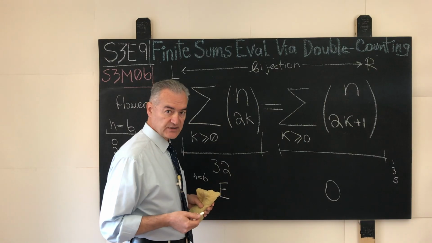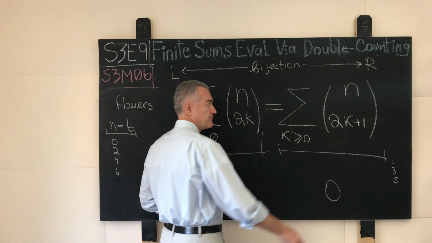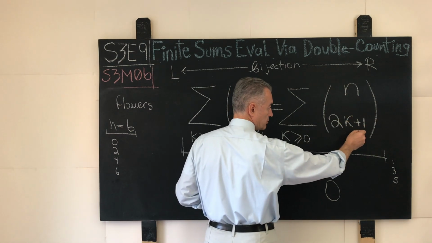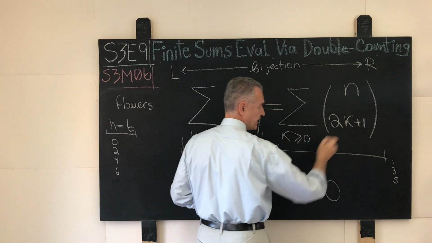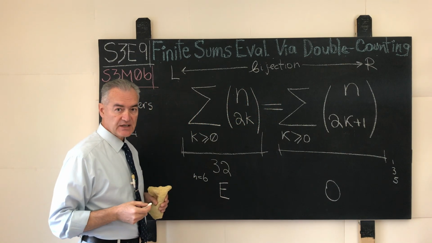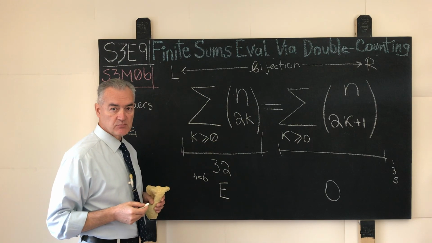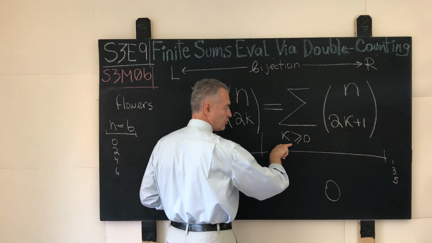And likewise, by the same reasoning, we will say that, for example, the number of bouquets constructed from 3 distinct flowers chosen from the set of 6 is equal to what? 6 choose 3, or n choose 2k plus 1, where k in this case is equal to 1. Consequently, the size of that set will be given by summing all such binomial coefficients and varying k accordingly.